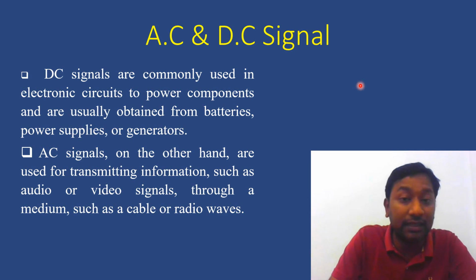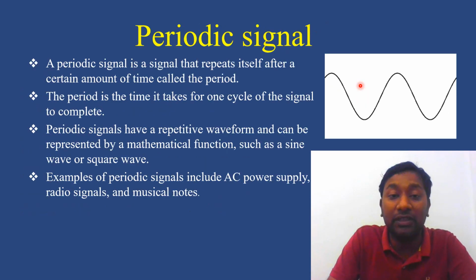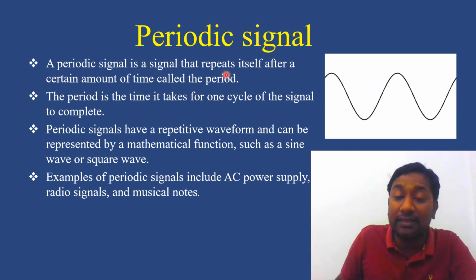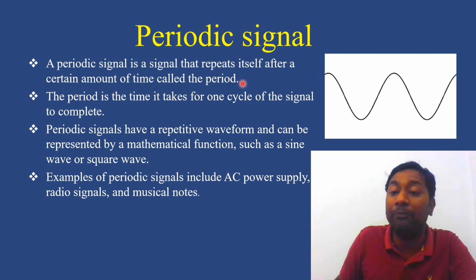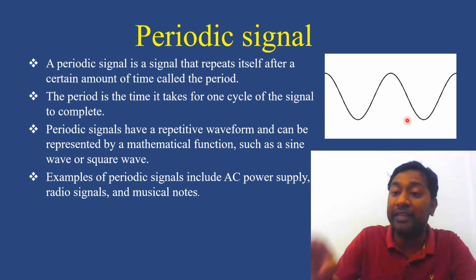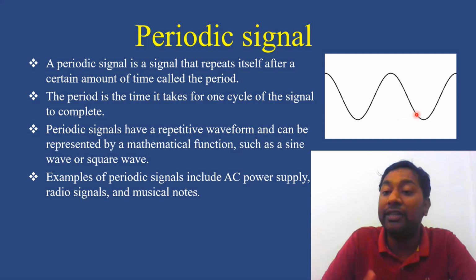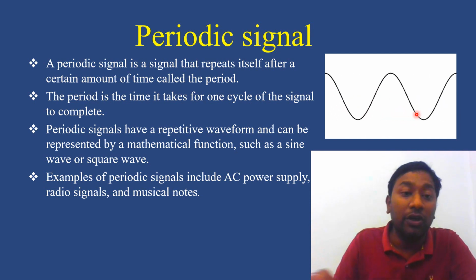Now comes another type of signal that is called periodic signal. A periodic signal is a signal that repeats itself after a certain amount of time called the period. Here we have seen one periodic signal. It repeats itself after a certain amount of time, that is called the period.